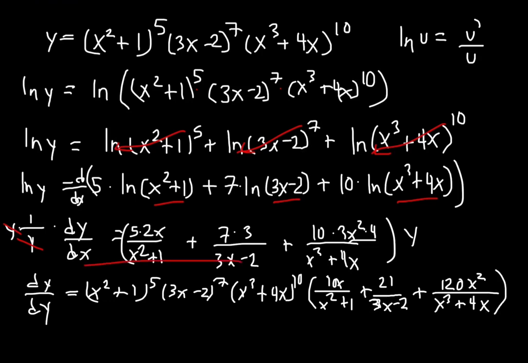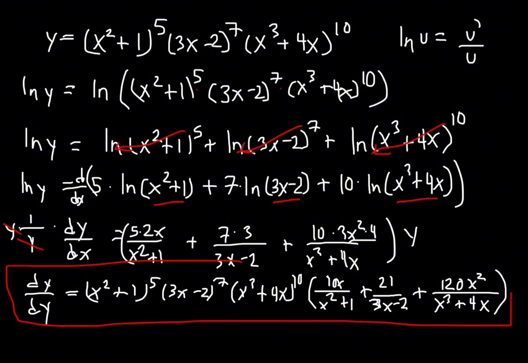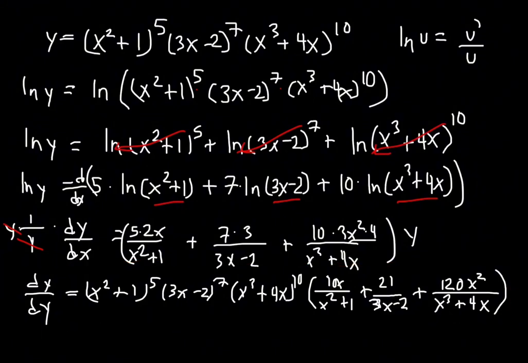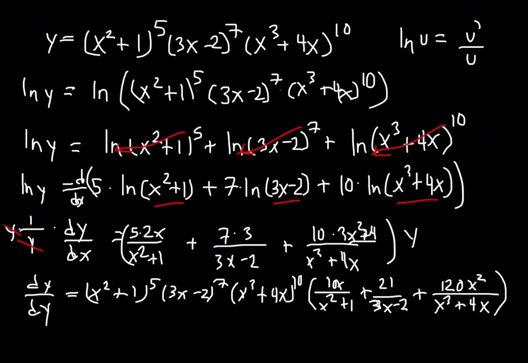Now this is our final answer. Look how much easier logarithmic differentiation made this, because if we had used the product rule, it would have been a nightmare. And by the way, this is supposed to be a plus, my bad. So this means that it's just 10 times 3x squared plus 4. This is the final answer.